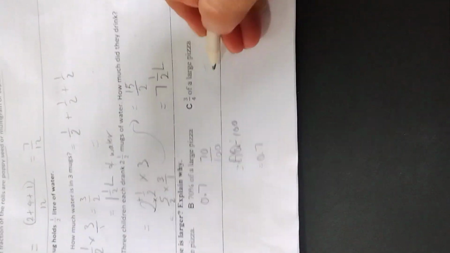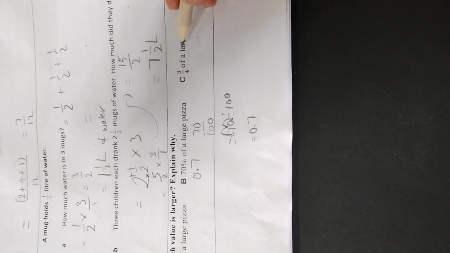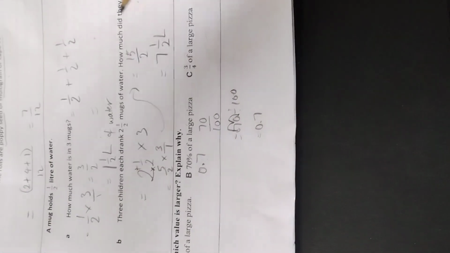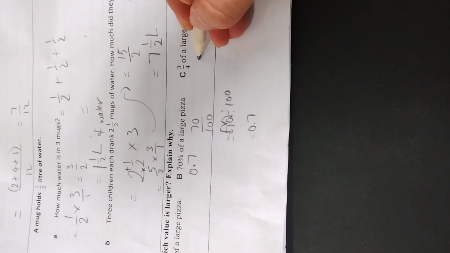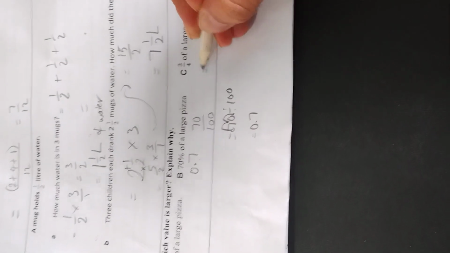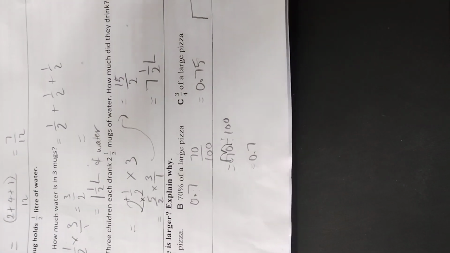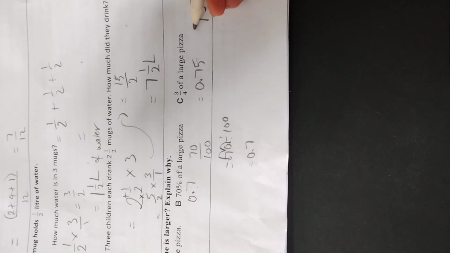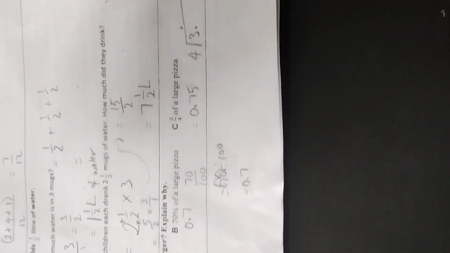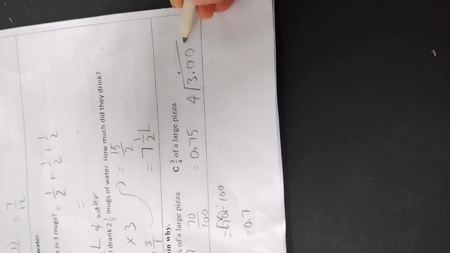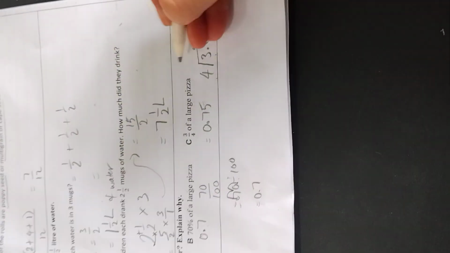Now, 3/4, I can turn into a decimal. You might know it already by heart, that it's 0.75. But if I didn't know that, I can just set up an algorithm. 3 goes under, 4 out there, get my decimal point ready, add some zeros, and let's go. 4 into 3 can't go.